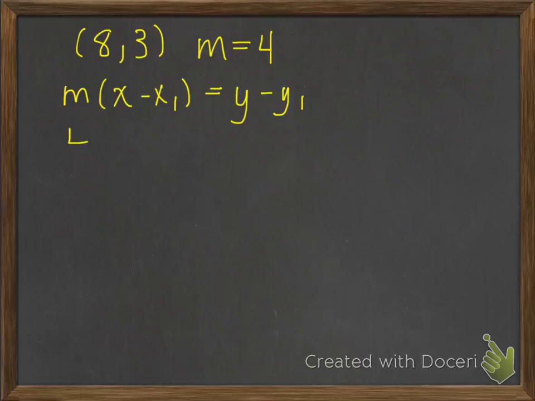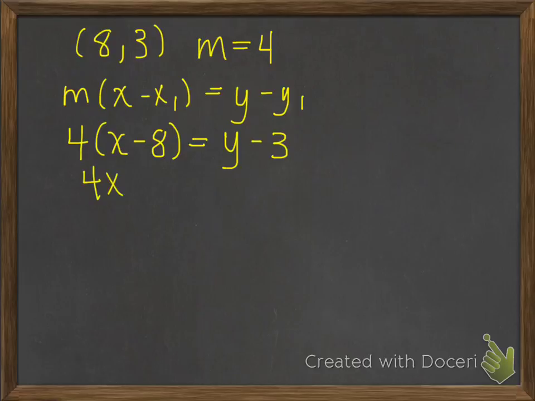We'll put in 4 for the slope, and then we've got x minus x1, which is my x-coordinate of my point, so that's 8, is equal to y minus y1, which is the y-coordinate of my point, or 3. So I've got 4x minus 32 is equal to y minus 3.